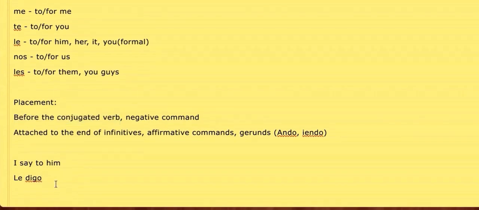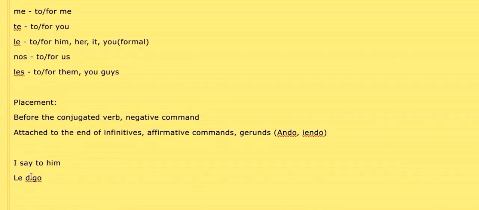So, for example, when we're looking at this first one, I say to him, you can see that I say digo, and then to him, instead of saying digo le, we say le digo. Le digo would be the correct way to say it here. It's almost like saying to him I say.